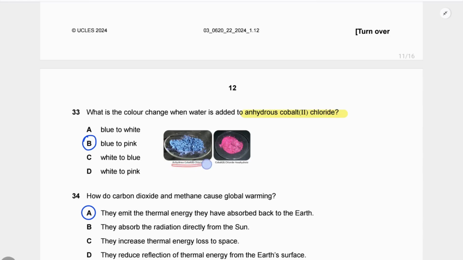Anhydrous cobalt chloride is blue in color. Anhydrous means there is no water content, and when there is water content, we call it cobalt chloride hexahydrate, which turns the blue color into pink. This is anhydrous, without water, and this is hydrated, with water. So blue to pink.